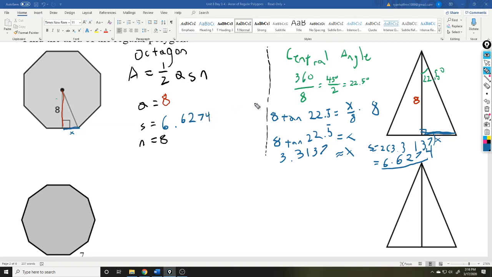So now I just need to plug my numbers into the formula. Well, area equals my apothem, which is 8, times my side length, which is this decimal over here, times your number of sides, which is 8.